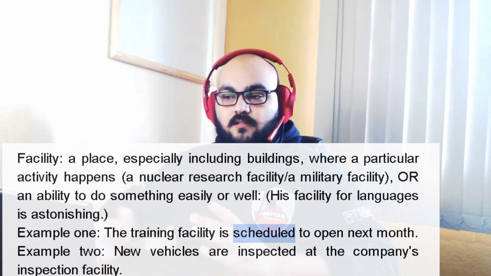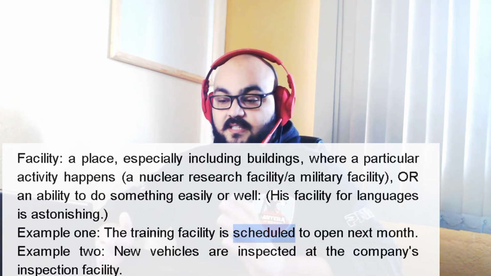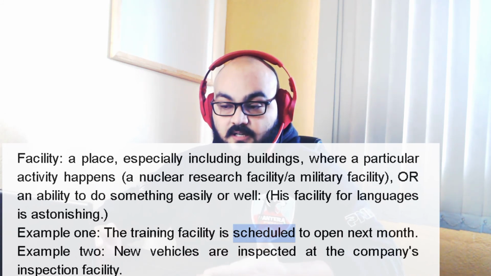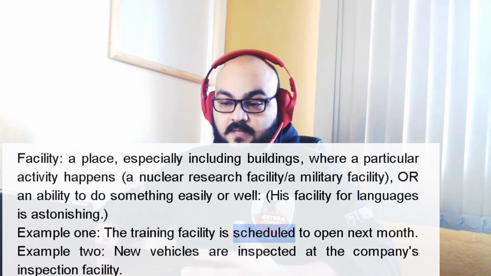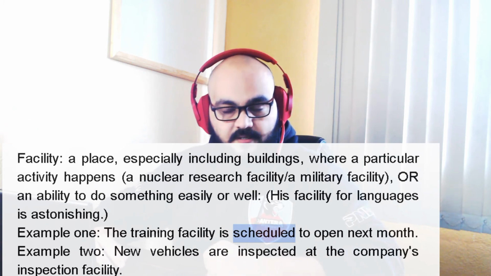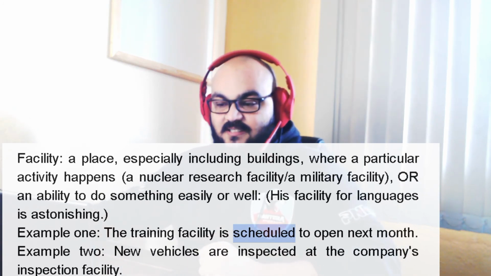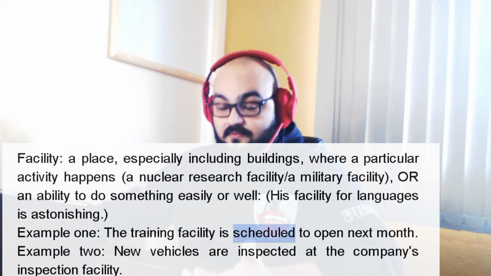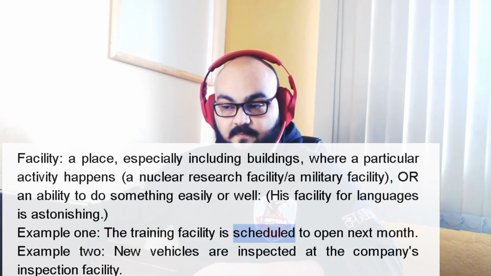I'm just telling you that there is a difference between standard British pronunciation and American pronunciation. An American person would say scheduled. But again, British way: the training facility is scheduled to open next month. And example 2: new vehicles are inspected at the company's inspection facility.